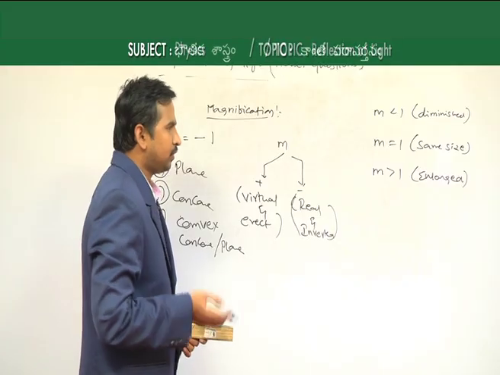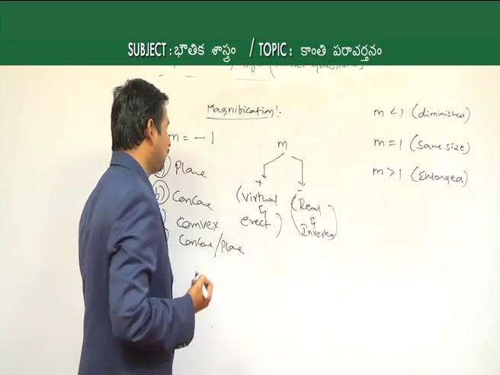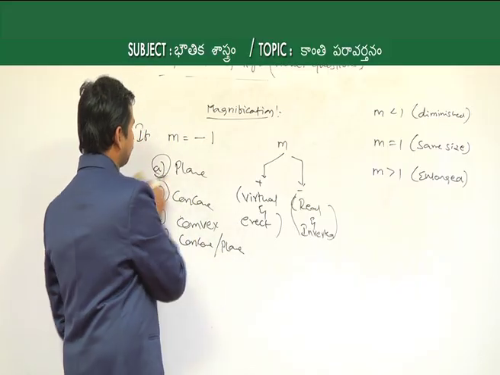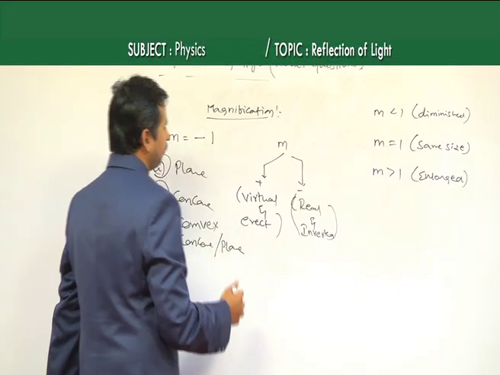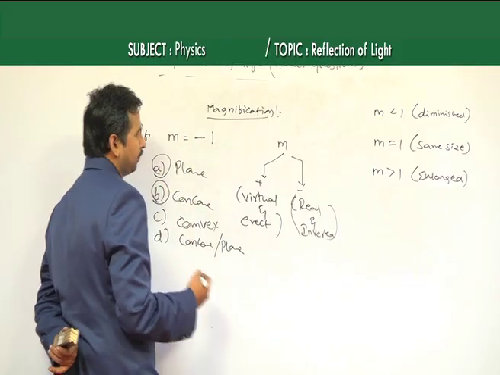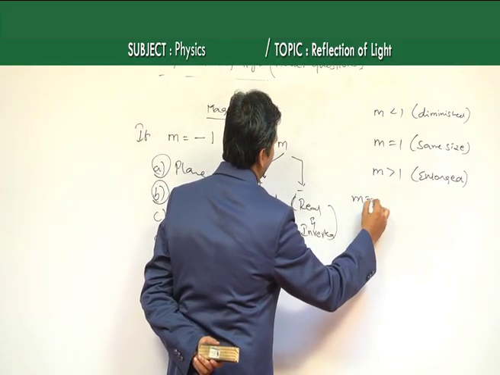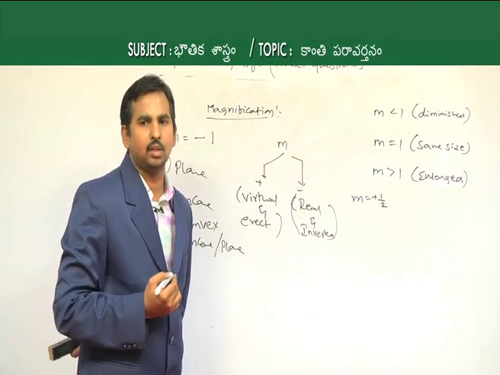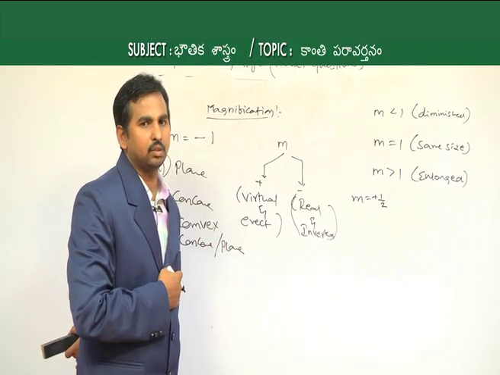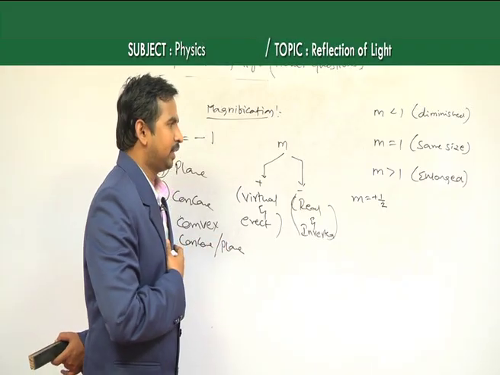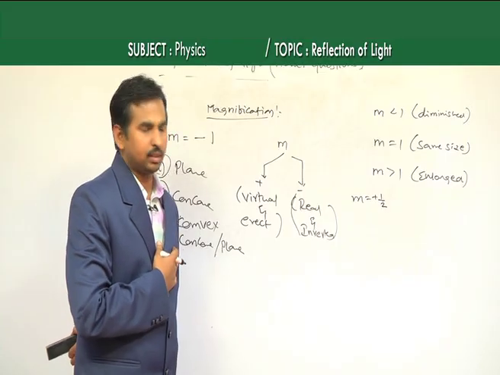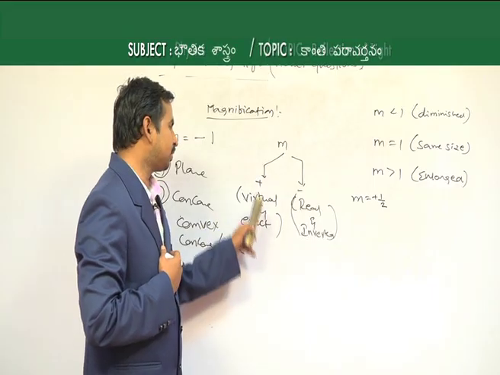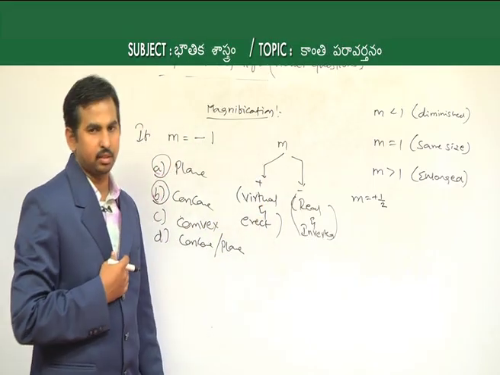For suppose if they give an m value less than 1, for example m is equal to plus half, the value is less than 1, so it is a diminished image. And not only that, the sign convention gives plus, which is meant only for virtual and erect cases.